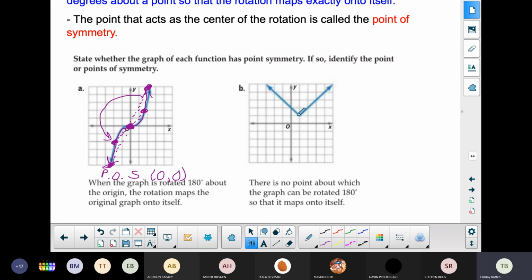Now here, if I thought of this as my point of symmetry and I turned this page 180 degrees upside down, would that V-shaped line go onto itself? And the answer is no. It would actually look like this. You would get an upside down V. So this has no point of symmetry.